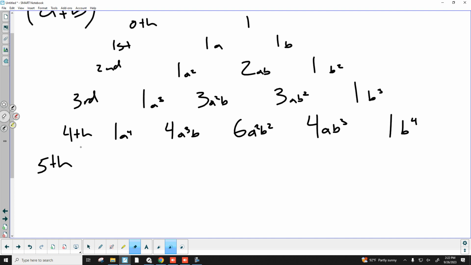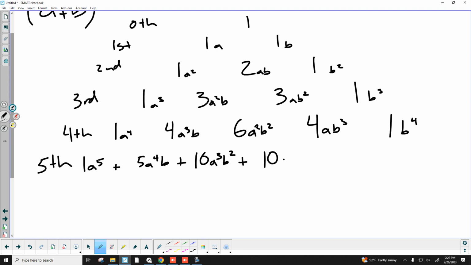A plus b to the fifth is 1 a to the fifth plus 5 a to the fourth b plus 10 a cubed b squared plus 10 a squared b cubed. All I'm doing is bringing the a's down while the b's come up. Plus 5 a to the first b to the fourth plus 1 b to the fifth.